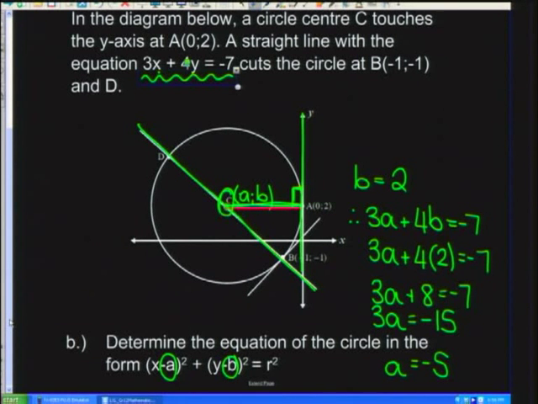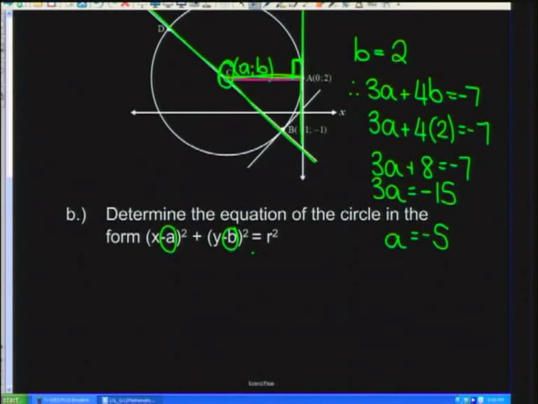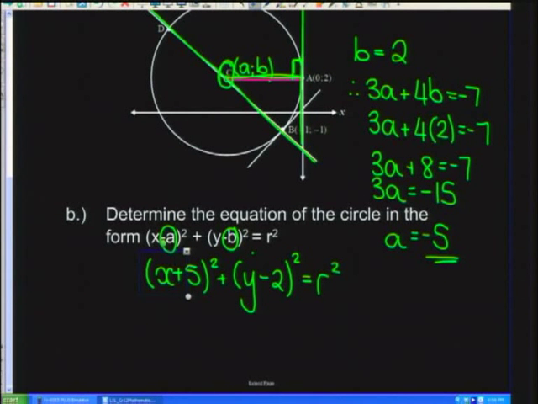Okay, so what is my equation going to be? I've got x. I'm going to fill that in. Remember, if it's negative 5, we always change the sign. So it's x plus 5 squared, y minus 2 squared, and that's got to be equal to your radius squared.